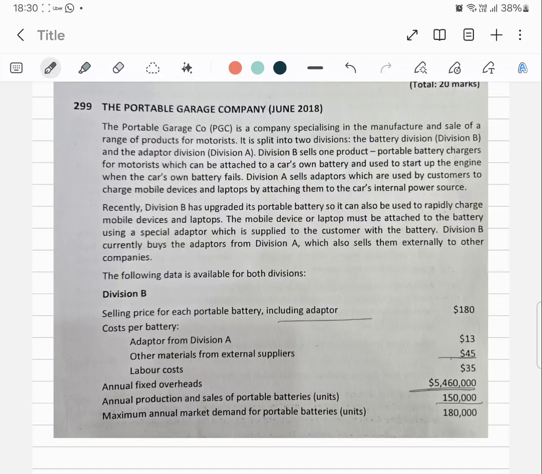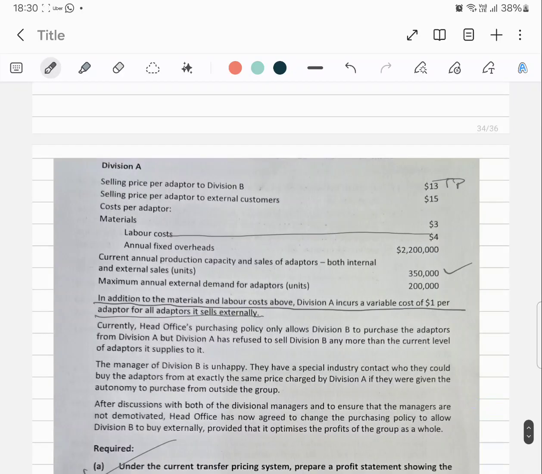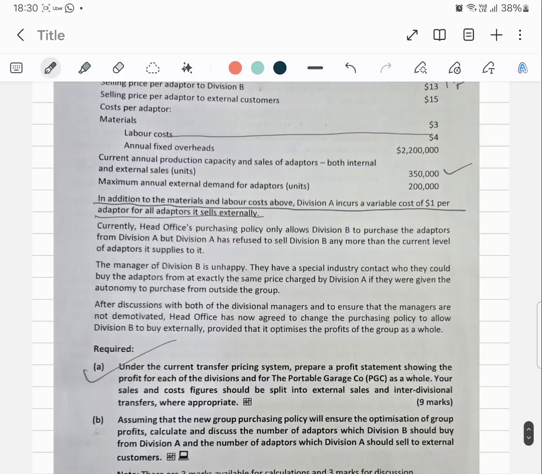Now if it wants to meet this 30,000 demand as well, it will have to place this demand with A, right? Assuming that the new group purchase policy will ensure the optimization of group profits, calculate and discuss the number of adapters which B should buy from division A and the number of adapters A should sell to external customers.